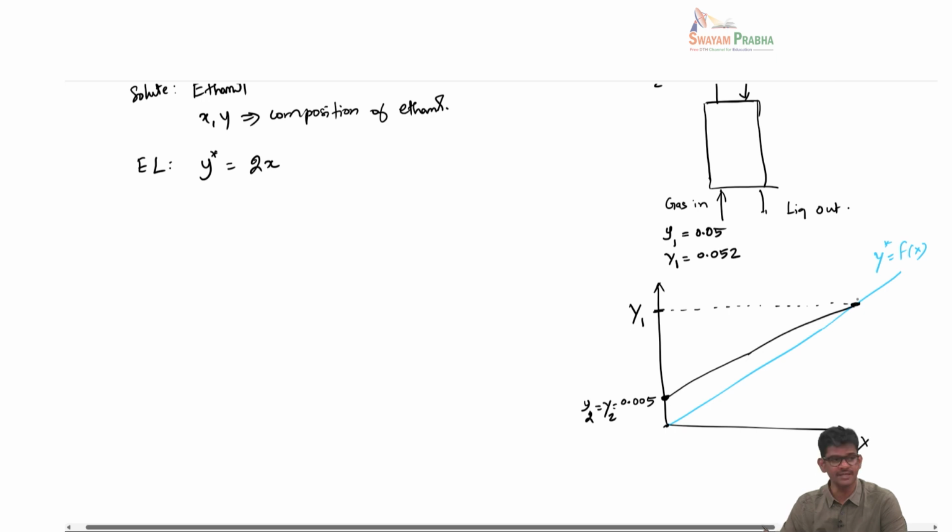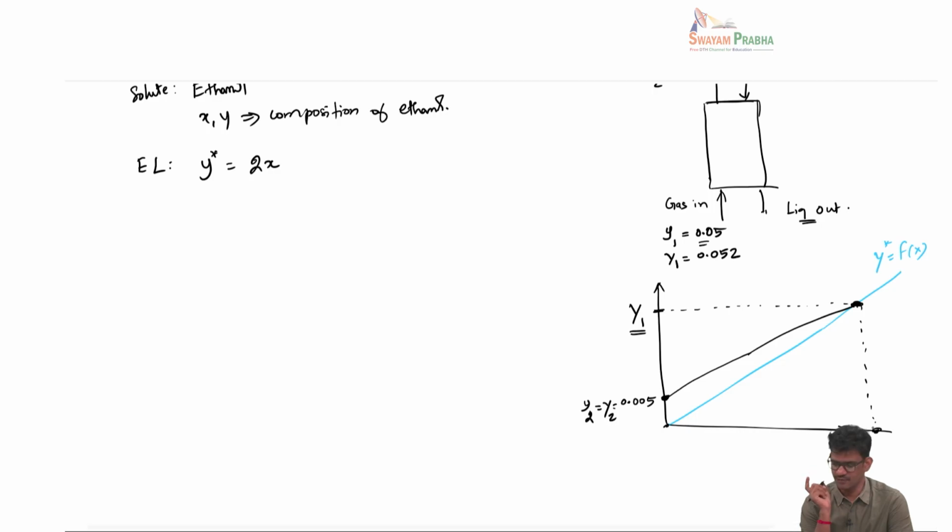Okay, this is a straight line, so that this is a touching point. Corresponding to y1, the operating line should touch the equilibrium line, so that the outgoing liquid will be at equilibrium with the incoming gas. Okay, and this will tell us what is the equilibrium composition corresponding to the minimum liquid flow rate. But we don't want that.